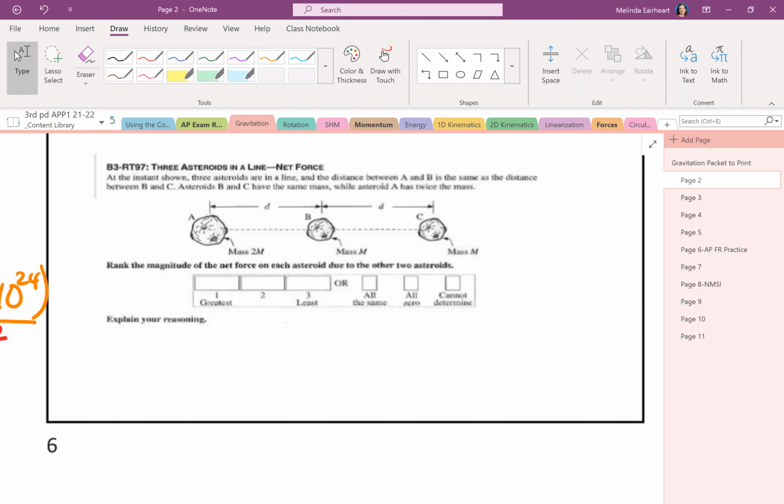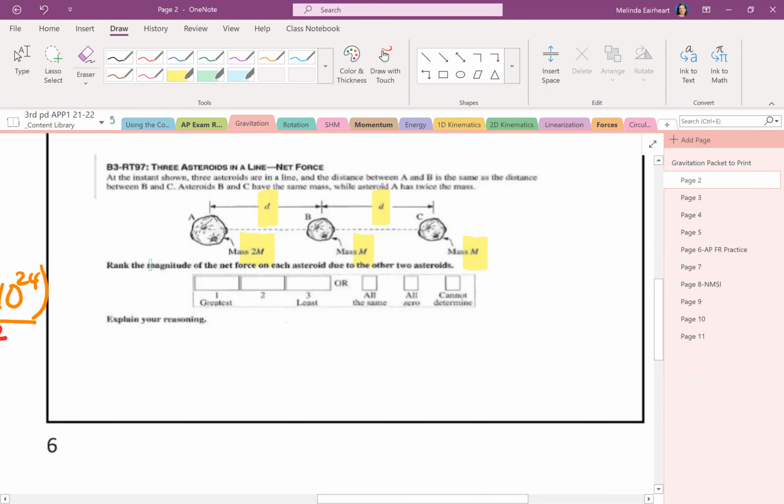So here we have 3 asteroids. At the instant shown, they're all in a straight line. The distance between A and B is the same as the distance between B and C. And in the picture, they're both labeled D and D. Asteroids B and C have the same mass, 1m, 1m, but A has twice the mass.